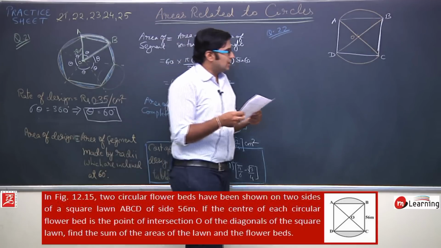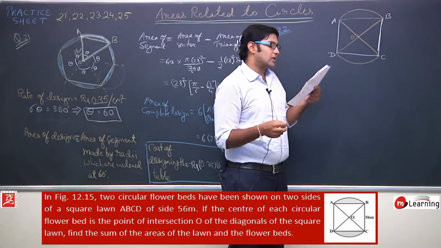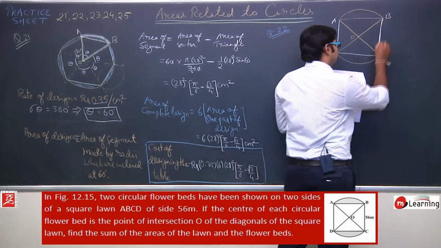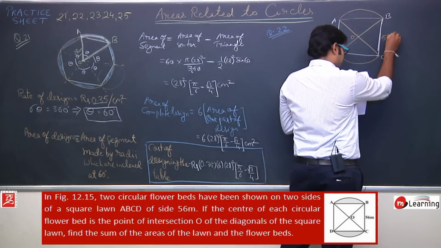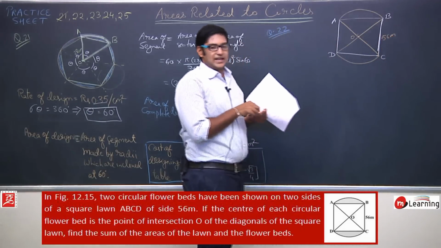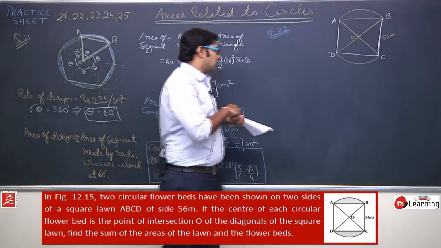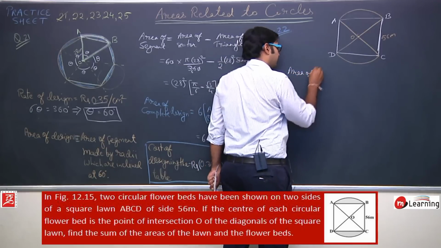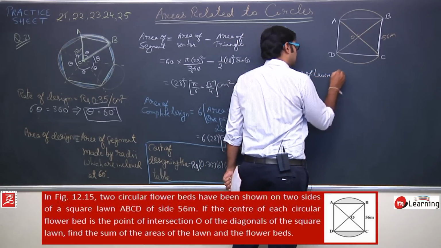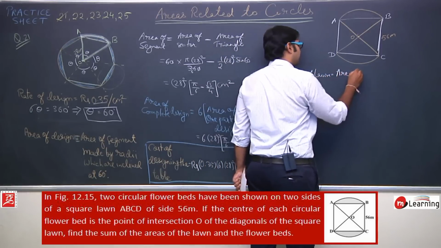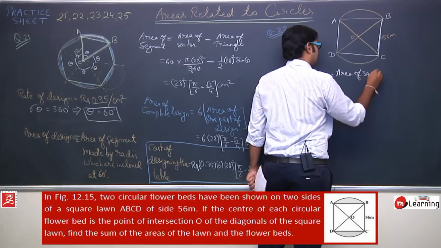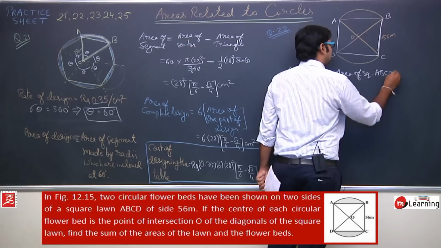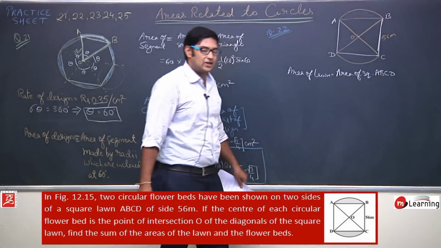Now what is the lawn? The lawn is the square lawn ABCD. The sides of the square are 56 meters. So what is the area of the lawn? The area of the lawn is the area of square ABCD. It's very simple. What is the area of a square?